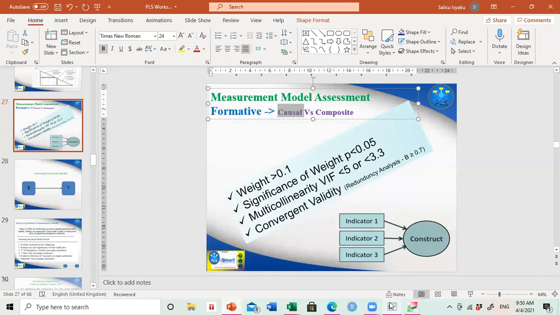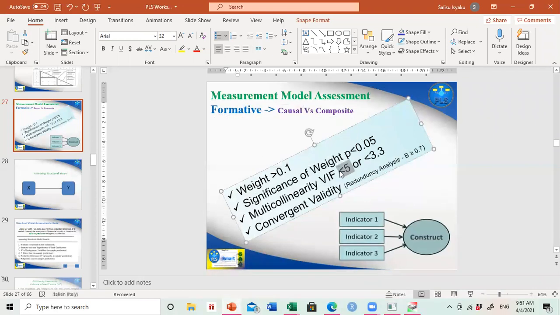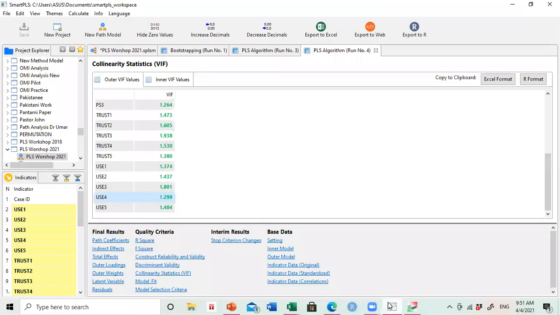But there is another person called Diamantopoulos and Siguaw, that's 2006. He said it should be 3.3. So you choose between conservative and liberal. If you choose the liberal, then you go for 5. If you look at this one, both the liberal and the conservative are achieved here. So you now report that it is achieved.